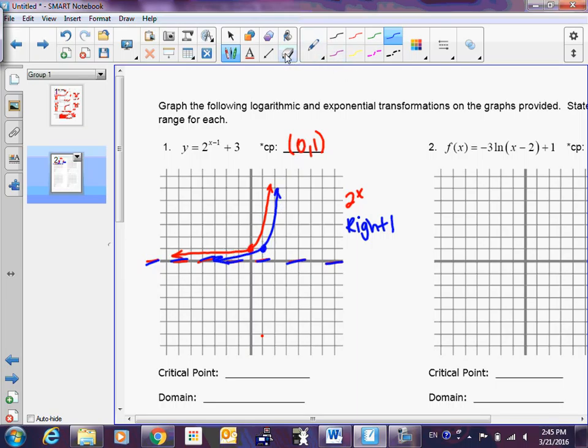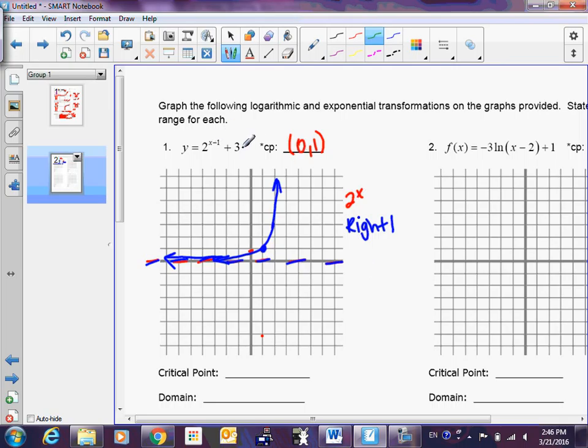This is where I'm going to use my eraser. My eraser's too big. Here we go. Okay, that took care of the minus 1.